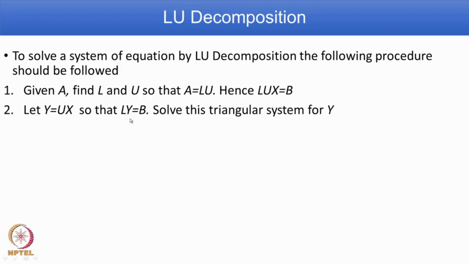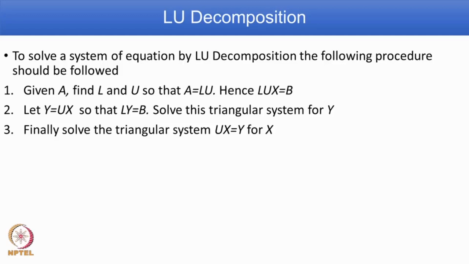So, when you solve Ly equal to b, we get y. Then once you get y, we have already defined y equal to Ux. Now, if you solve by backward substitution, you get x, and that is our initial interest.